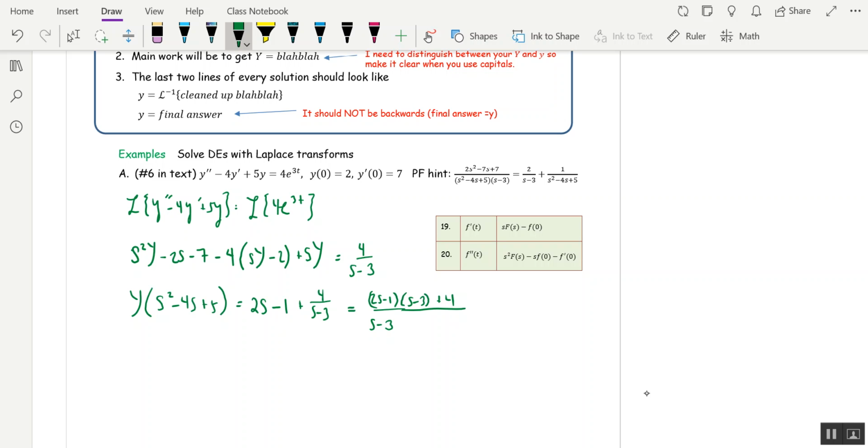So now I'm going to divide both sides by s squared minus 4s plus 5. So big Y is, make a big denominator. On the right over here, I'm going to have s minus 3 and then s squared minus 4s plus 5.